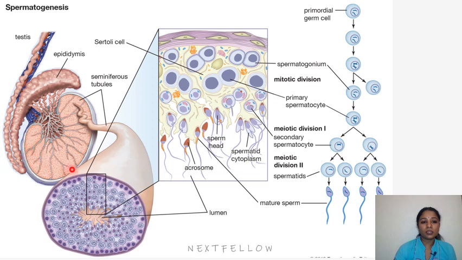So we can see the testis here, the cross section of testis, where we can see a cut part of a seminiferous tubule, and within the cut part of the seminiferous tubule, the basal, peripheral cells are spermatogonial cells and primordial germ cells, which eventually divide to form primary spermatocytes. Primary spermatocytes enter into meiosis 1 and divide to form secondary spermatocytes, and as they move towards the lumen, they form the spermatids and the sperms. We can see the tails of the spermatozoa. So till here.